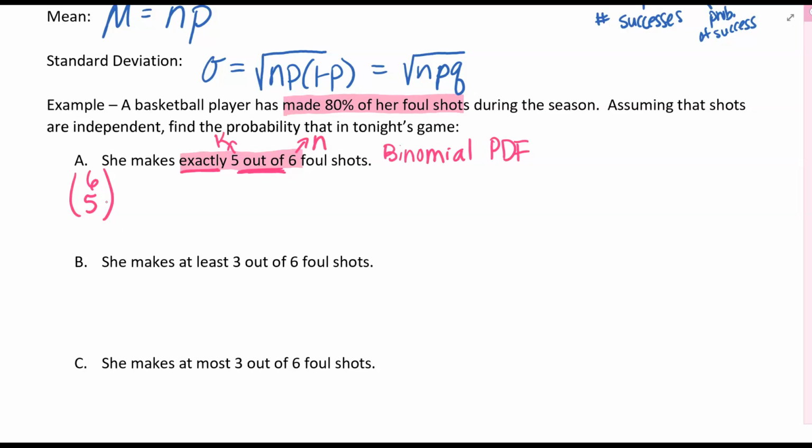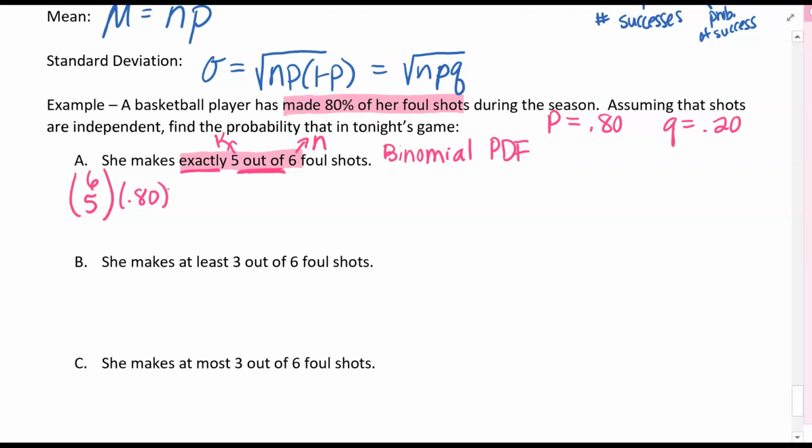So we're going to think about the probability of success. What is P in this example? 0.80, which means Q has to be what? 0.20 or 0.2. So the probability of success, 80%, is raised to the number of successes.